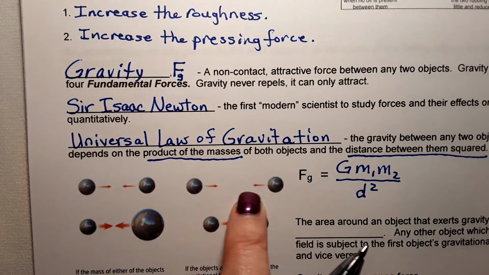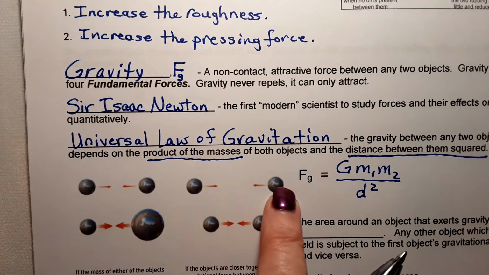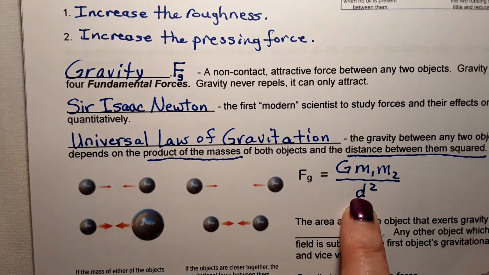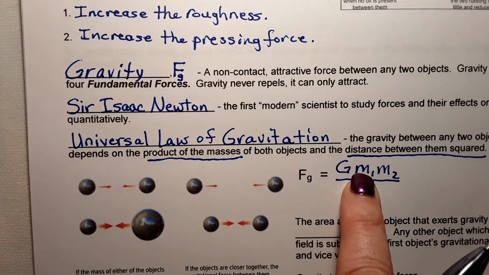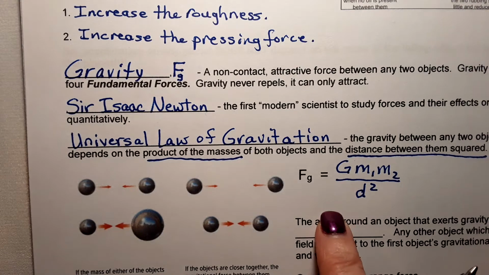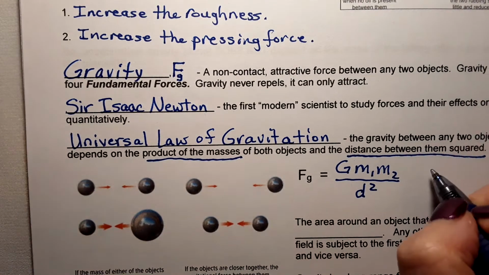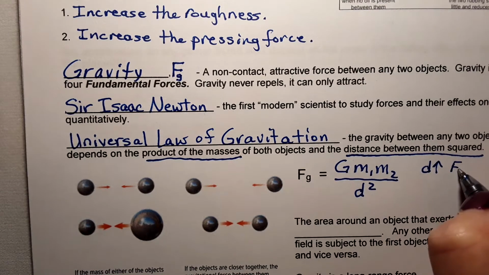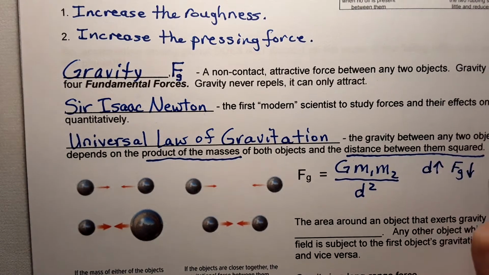But if you increase the value of d, make them further apart, and then you divide it into the numerator, you're going to get a smaller quotient, a smaller answer. So as d increases, the gravity decreases.